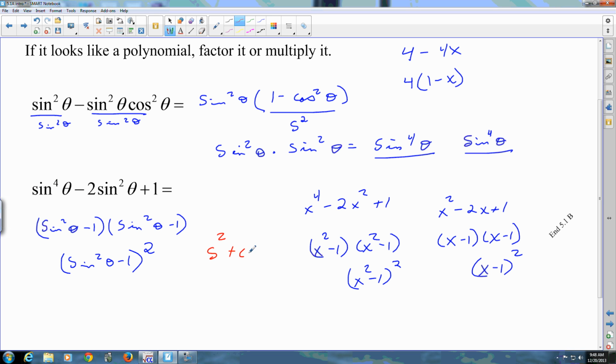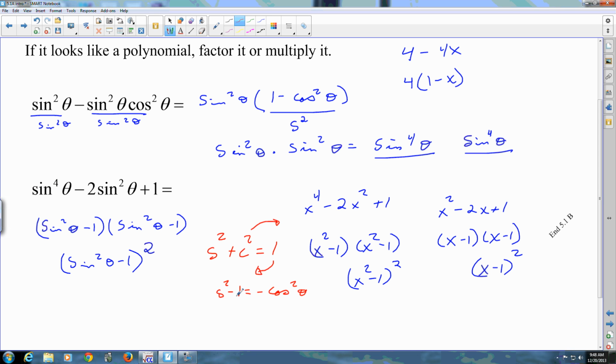Sine squared plus cosine squared is 1. Now be a little careful. I've got sine squared minus 1. So that means the 1 has to come over to this side, and the cosine squared has to go to that side. So sine squared minus 1 is equal to negative cosine squared.